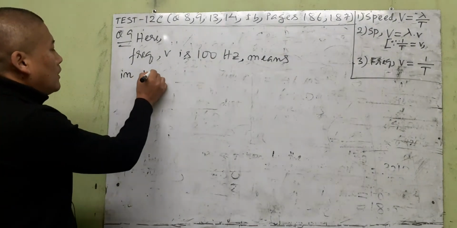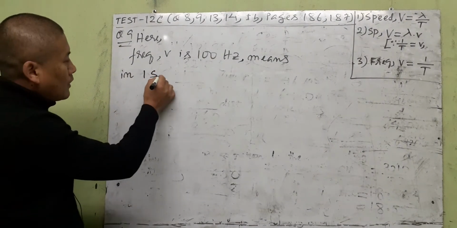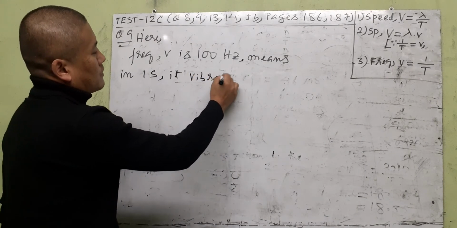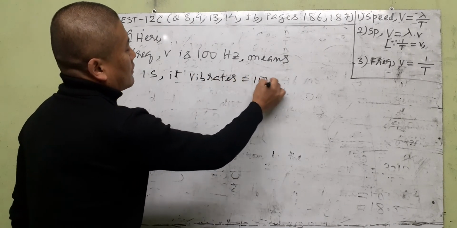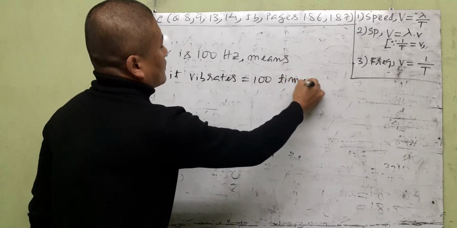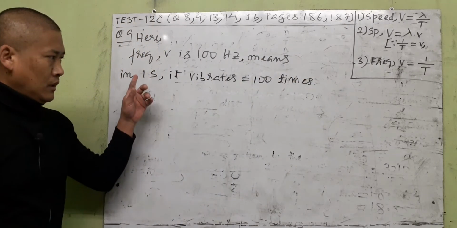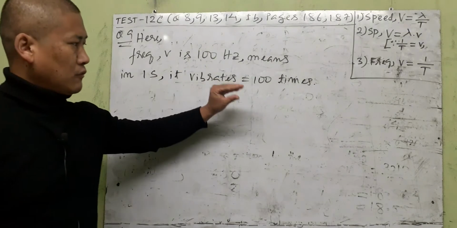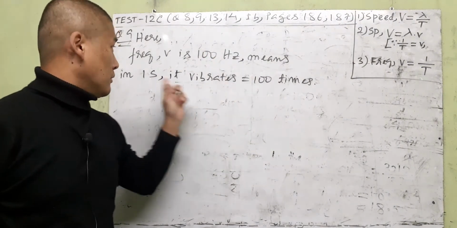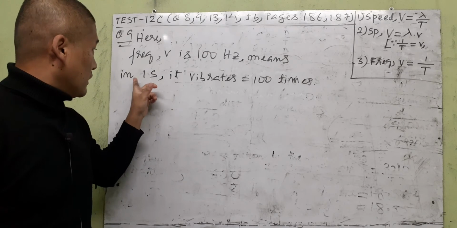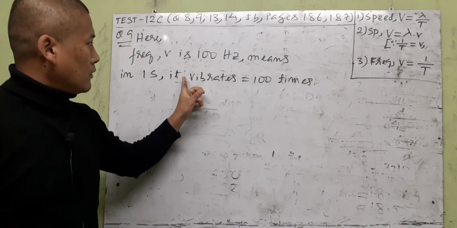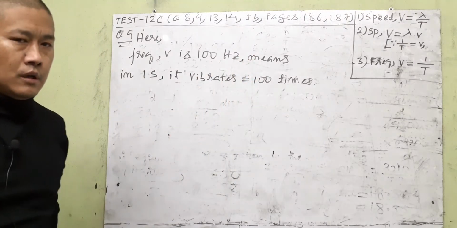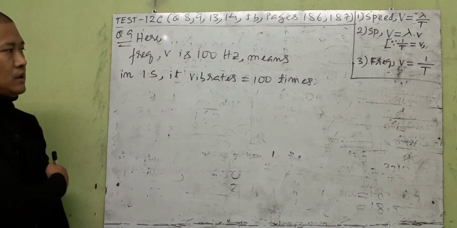So in 1 second this sound vibrates 100 times. Frequency is 100 hertz means the frequency definition is the number of times a sound wave vibrates in 1 second. So in language form we can put: in 1 second this sound of 100 hertz is vibrating 100 times. That's the meaning of 100 hertz frequency.